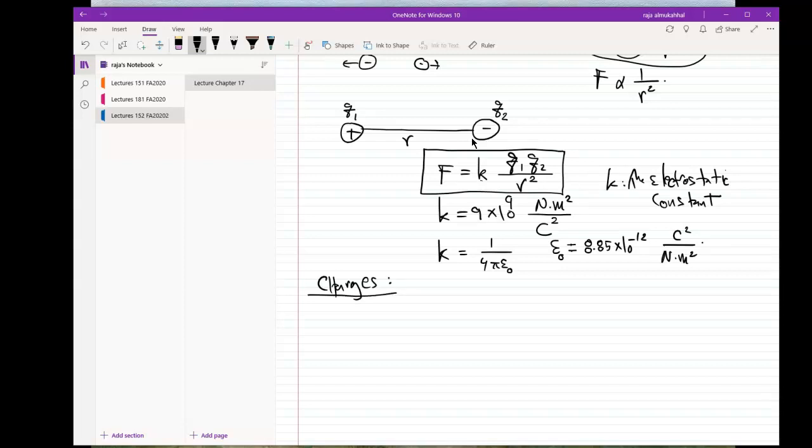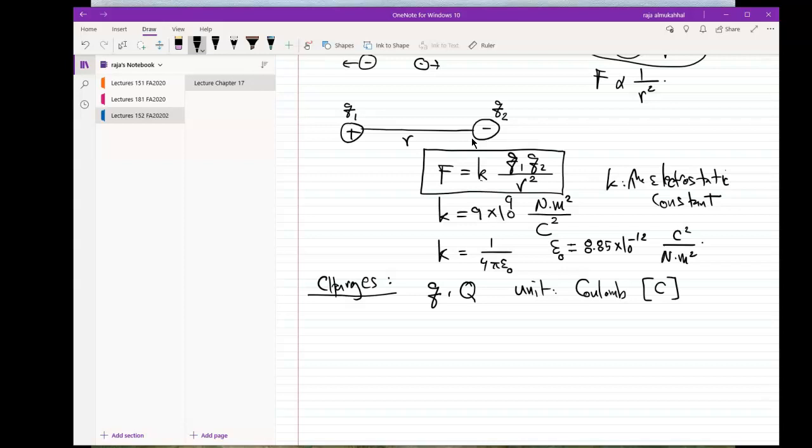So we said that the symbol of the charge is Q. Sometimes we write it as big Q, and the unit of it is the Coulomb. It's a capital C. When I put it in brackets, it means the unit of. So the capital C is a Coulomb, and Coulomb as a unit by its own nature is a very, very large unit.